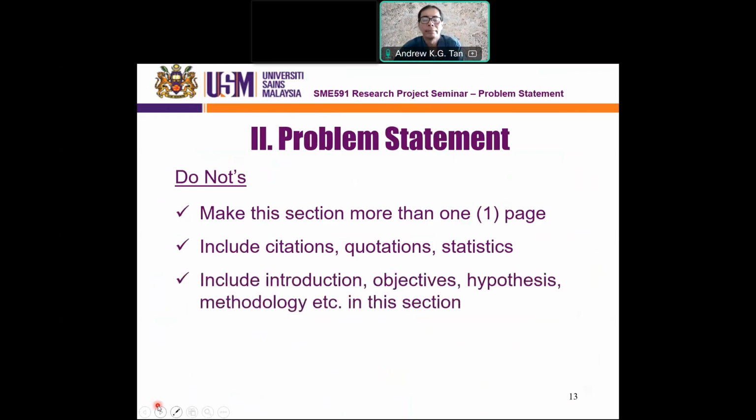Do not include introduction, do not include objectives, do not include hypothesis, do not include methodology in the problem statement section. Why? Because there is a specific section for introduction. There is a specific section for objectives.